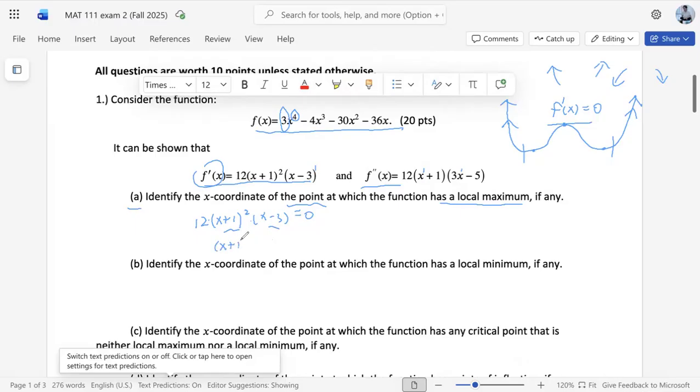So (x plus 1) squared may be 0, and x minus 3 could be 0. We solve this one with square root, right? We square root both sides. Square root of 0 is still 0. So we have x plus 1 equals 0, that means x equals -1. Or here, x equals 3.